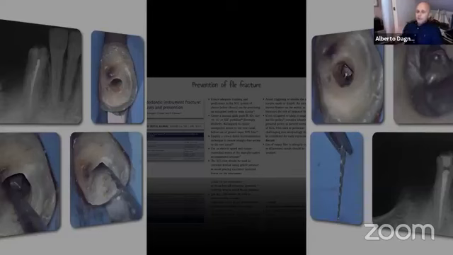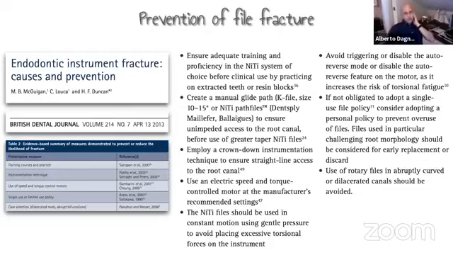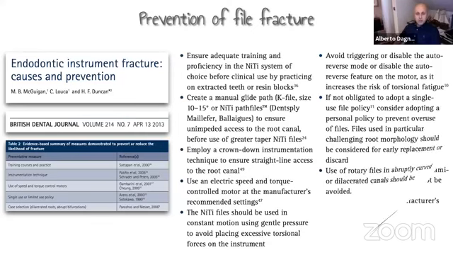Today, we want to prevent the fracture, so I can draw your attention to these interesting articles I cited before in my presentation that give us some advice to prevent the fracture inside the canal. So we can respect some rules, some protocols to prevent the separation of a file.